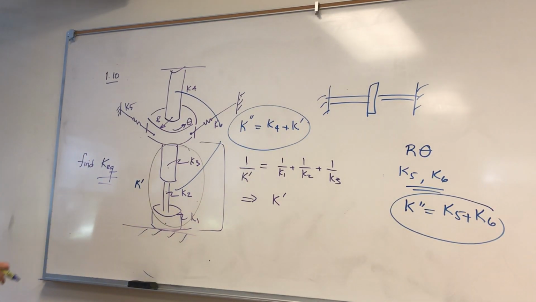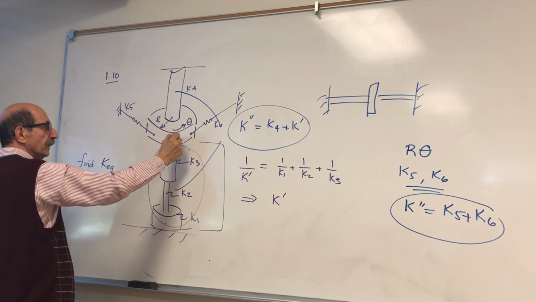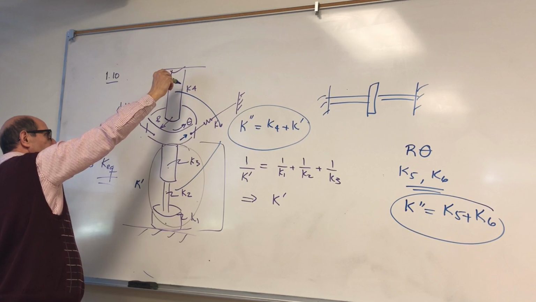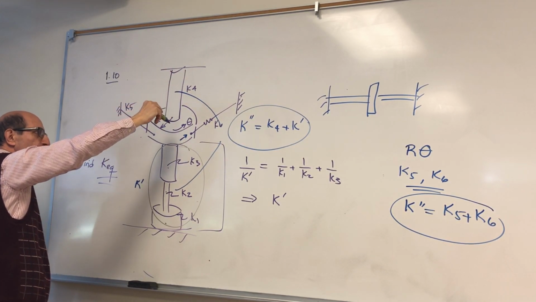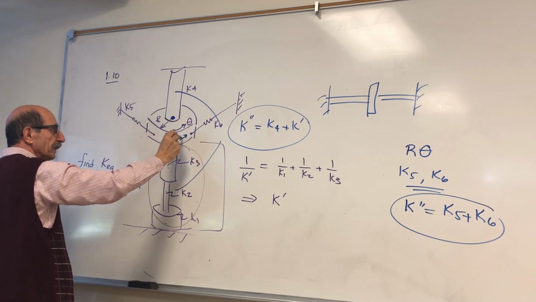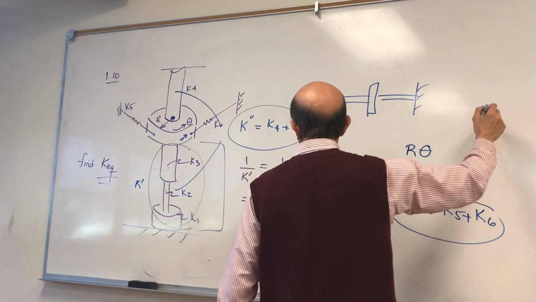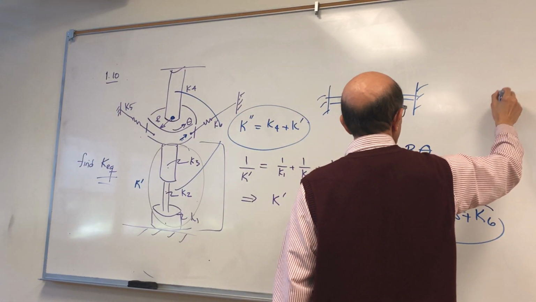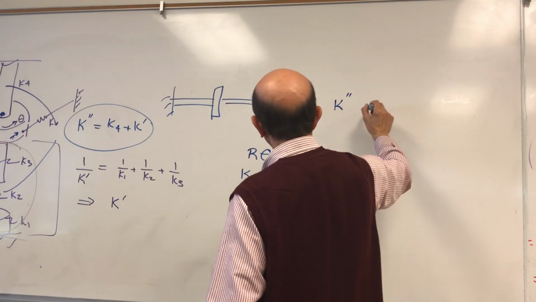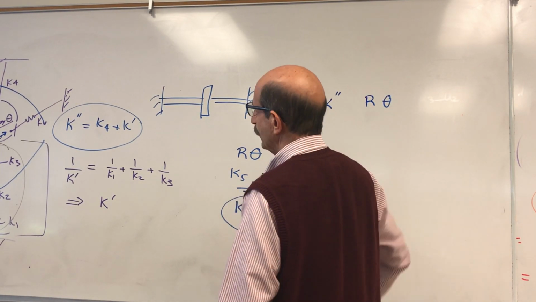The force that these two experience, if this is subjected to, let's say, a moment about this point, would be F times R. Each of those springs, or the equivalent spring, K prime, would be subjected to a deformation R theta.